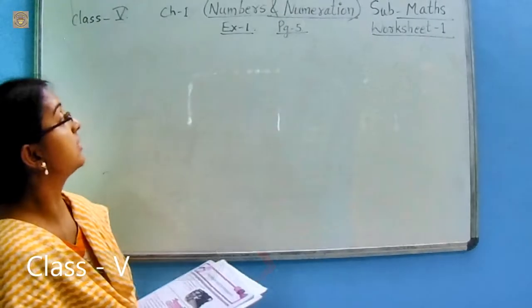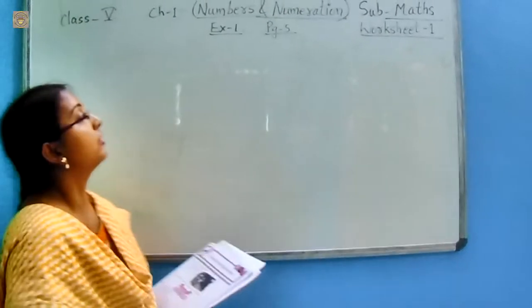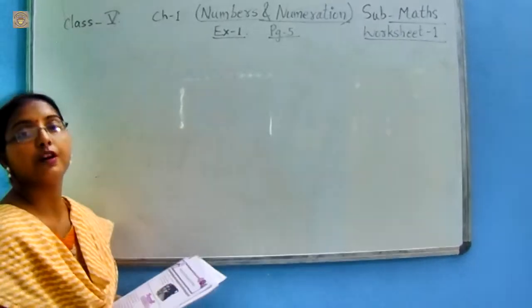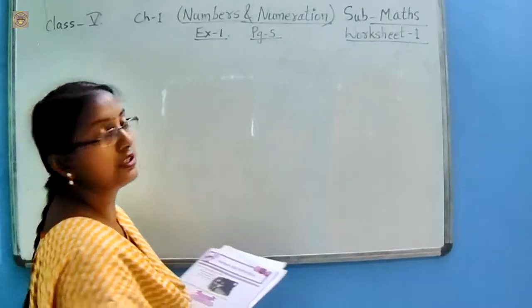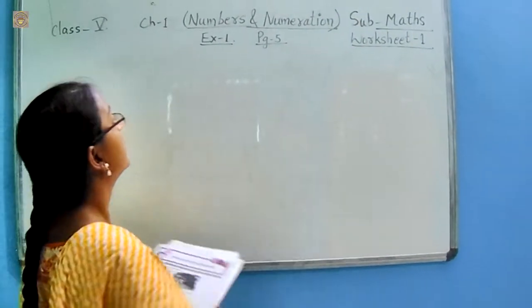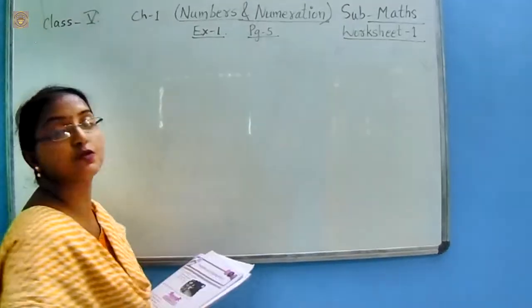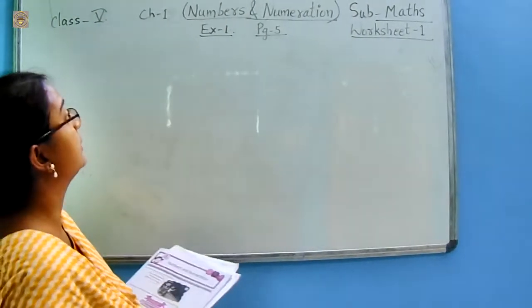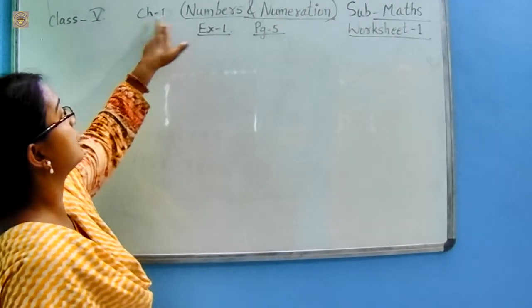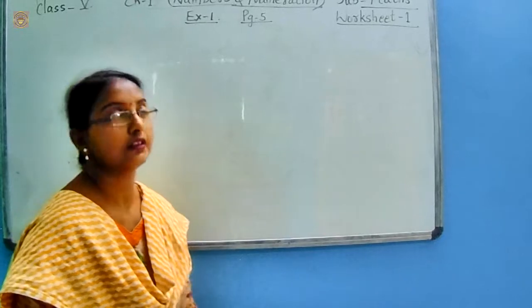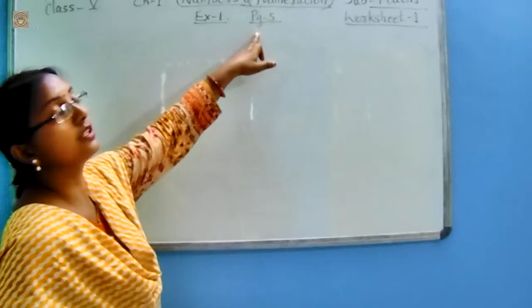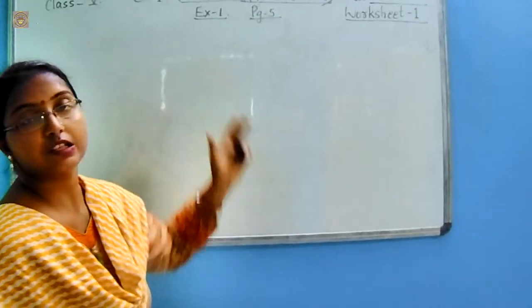In this class, I will explain for class 5 maths, and this is your worksheet 1 having exercise 1 of chapter 1. That means chapter 1 is numbers and numeration, and this is the sum on page number 5.